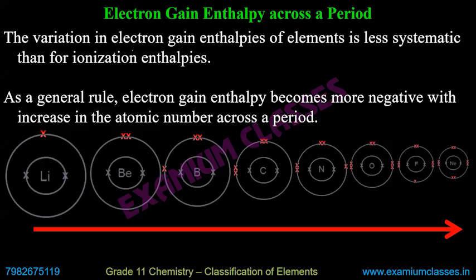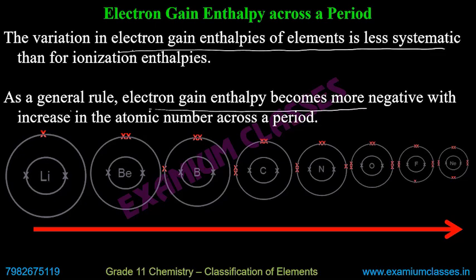Again, here also the electron gain enthalpy is less systematic than ionization enthalpy, meaning there are exceptions. As a general rule, electron gain enthalpy becomes more negative with increase in atomic number across a period. What does it mean?